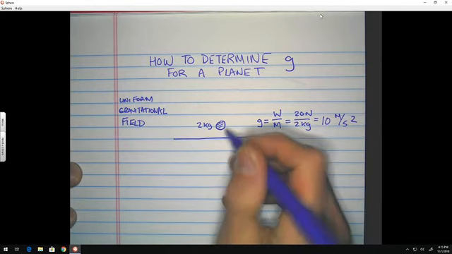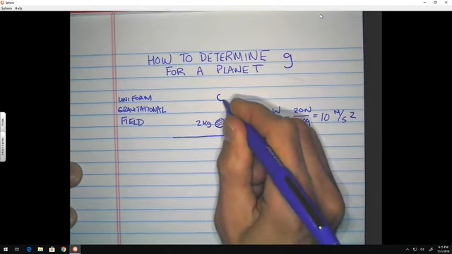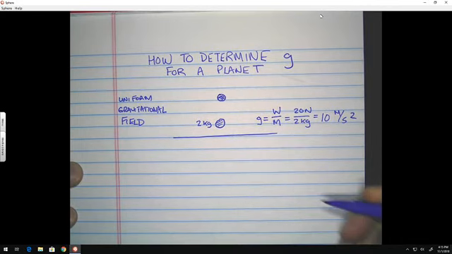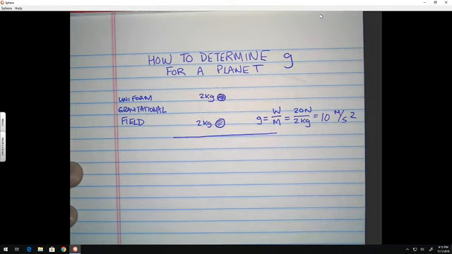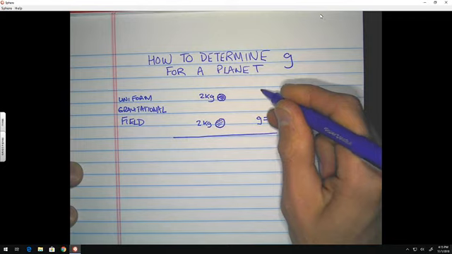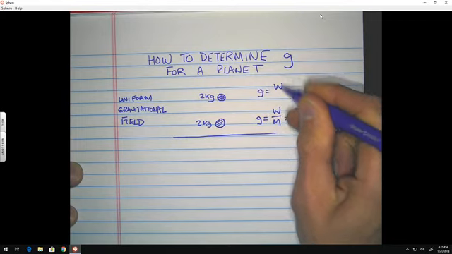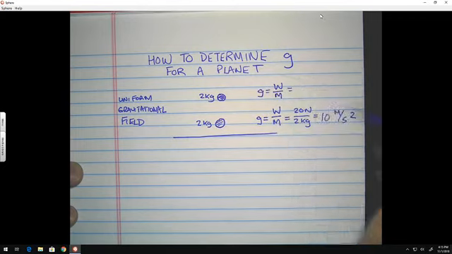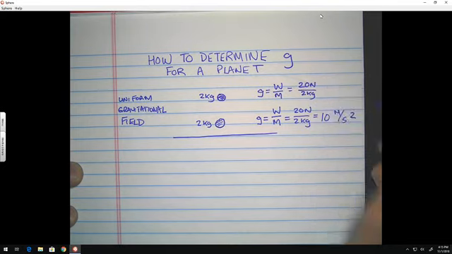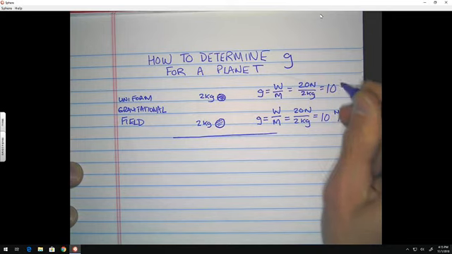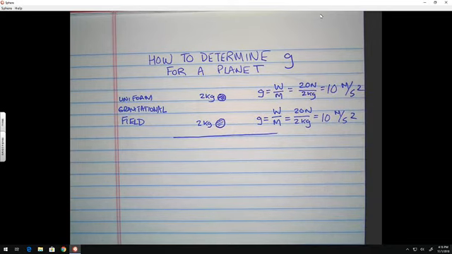Now, if you move that object up a little bit, like you go to the 2nd floor of a building, or the 3rd floor, or the 50th floor for that matter, you take the same object and weigh it in that location further up, and I'm pretty much going to guarantee that you're still going to weigh 20 newtons. You divide that by 2 kgs, you still get 10 meters per second squared.